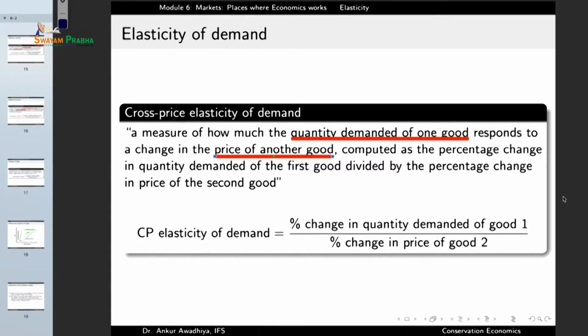Now, in the case of cross price elasticity of demand, the question that we are asking is, if the price of one good increases, what is the impact of this increase in price on the demand for another good? So, for instance, if the price of rice increases, will it lead to a change in the demand for wheat?